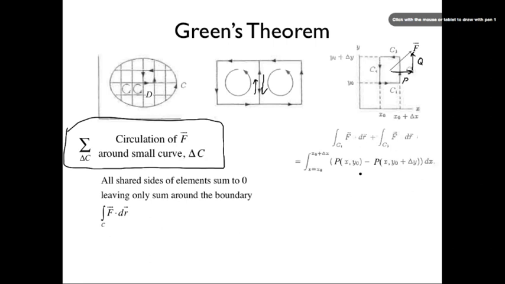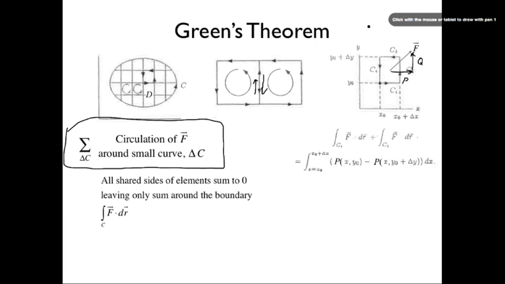Okay, so I'm going to do my F dot dr, but that's really going to amount to P, and then I can combine them, and this is positive, but this is negative, right, because we're heading back the other way. So it's going to be P down here minus P up here, and then dx, because we're just talking about the x direction. Okay, so that's like half of the little line integral. This is the half that involves those two legs of the line integral.